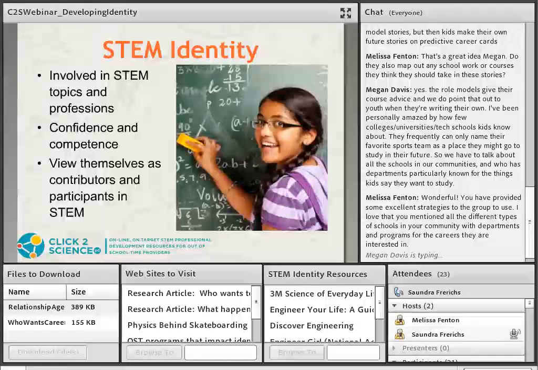The more opportunities they have to do this, the stronger their sense of competence and confidence is going to be. And finally, we can help students see themselves as contributors and participants in STEM by giving them opportunities to share their ideas, to present what they've learned to others in their program or even to others in their community.